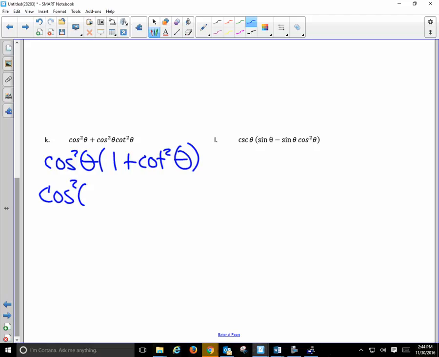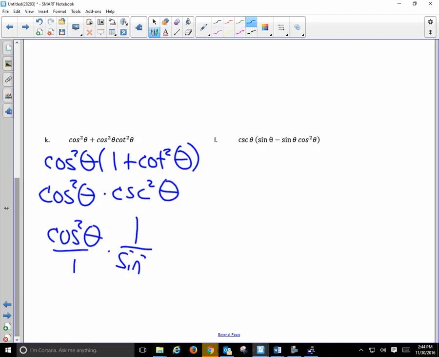So I have cosine squared times cosecant squared. What do I write instead of cosecant squared? One over sine squared. And I get cosine squared over sine squared. What is cosine squared over sine squared? Cotangent squared.